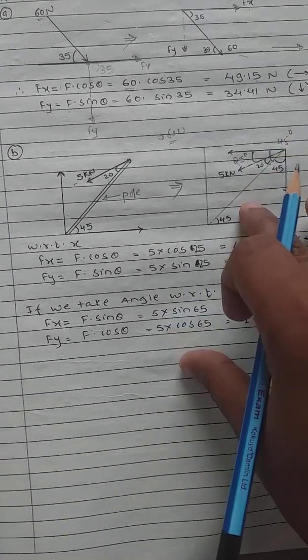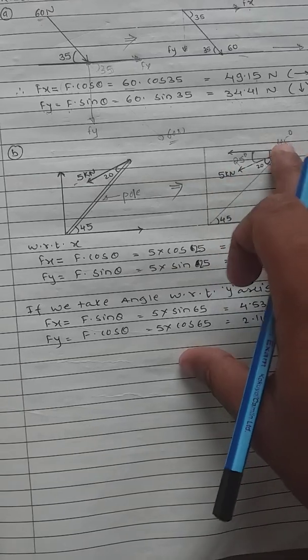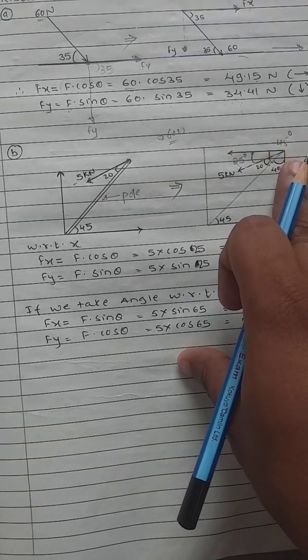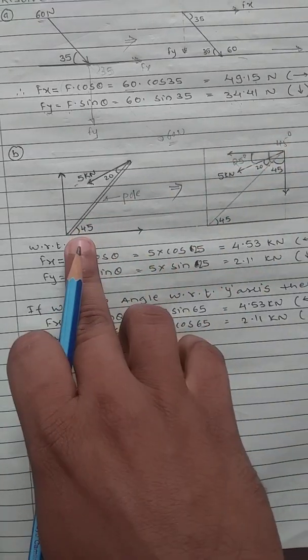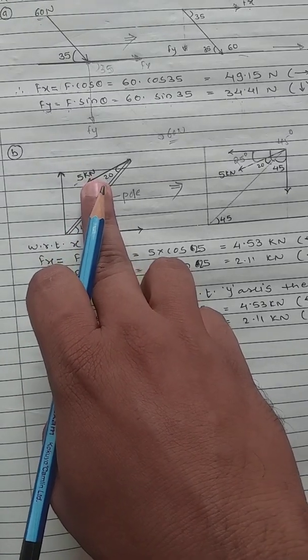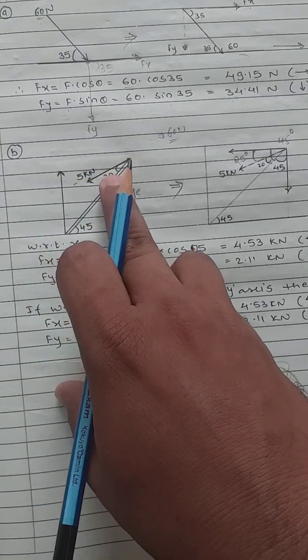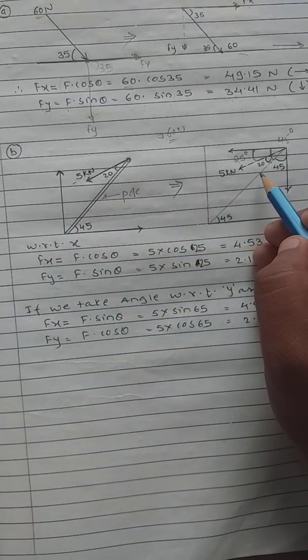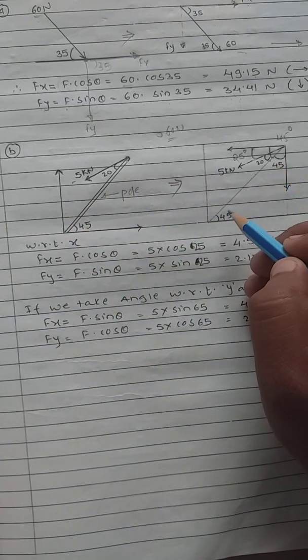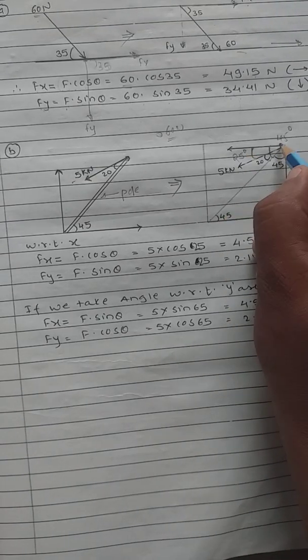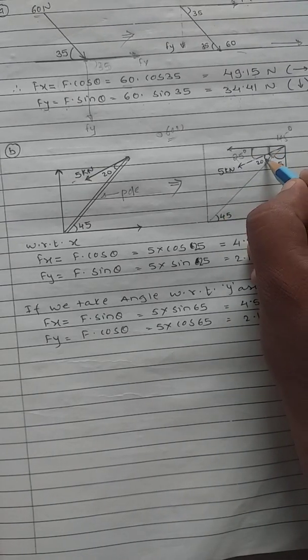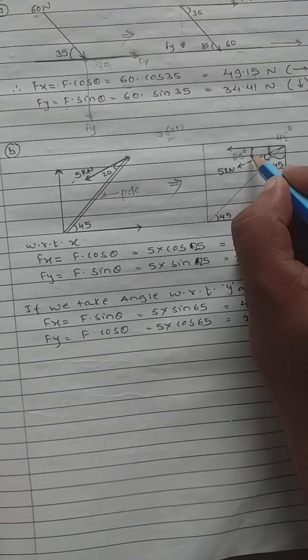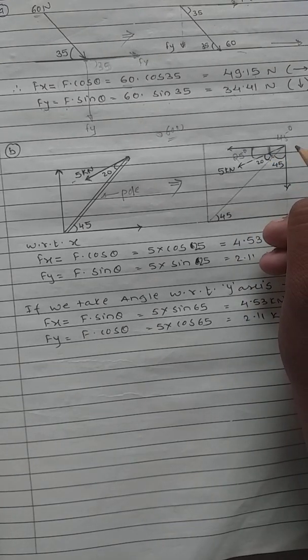I hope you are getting my point. We want the angle of force along x or along y direction. Here the angle of force is given, but that angle of 20 degree is with respect to the pole. Therefore we have converted this to a simple system. If this is 45, this will be 45, this angle is given, so this angle will be equal to 25 degree.